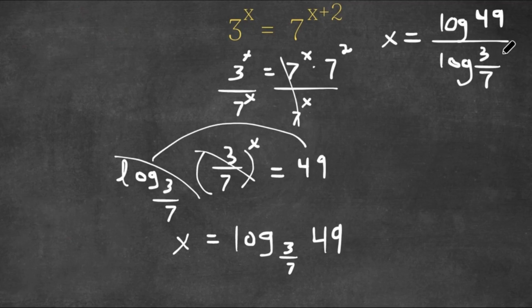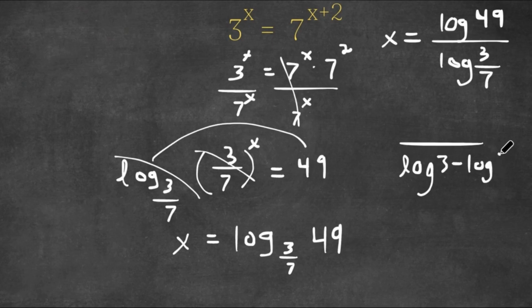Now, log of 3 over 7, well, this can be rewritten as log 3 minus log 7.